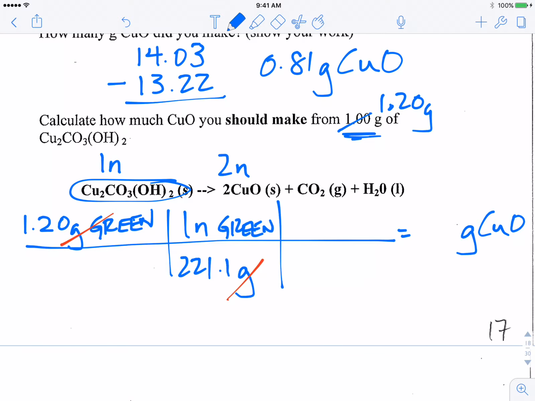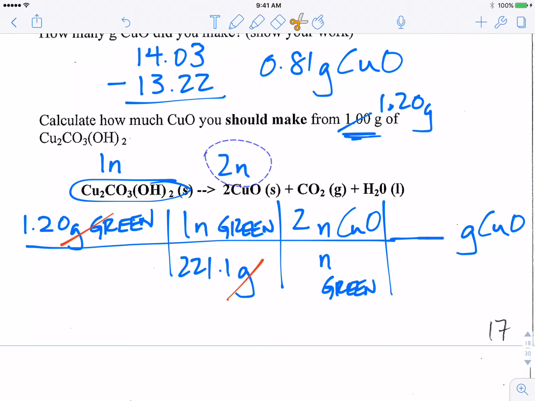And then at this point, if we stopped and calculated, we would be left with moles of our green chemical. But we're going to string our calculations together. And so I now need to put moles of my green chemical here on the bottom, and I'm going to have moles of my copper oxide on the top. And from the equation, there's 2 moles of copper oxide, so I'm getting that from here, and 1 mole of our copper carbonate basic, so I'm going to put a 1 on the bottom.